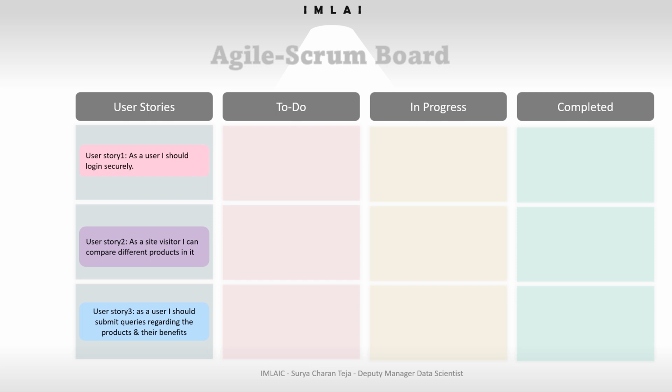Now, how does the Agile Scrum board help us to visualize the flow of the project that is going on? For example, we will have assignees, the developers or testers or operation teams, system admins or product deployment persons, whoever it may be.